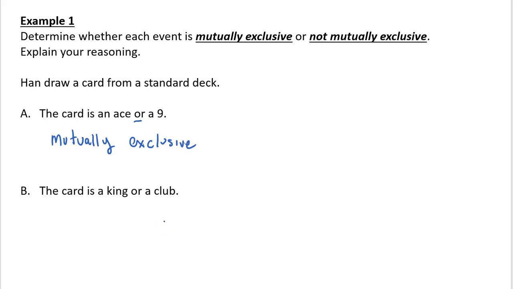Okay, not mutually exclusive. So a king or a club. A king can be both. You can have a king that is also a club. Remember, you have 4 suits. You have a club, spade, hearts. Why am I forgetting the last one? Diamonds.